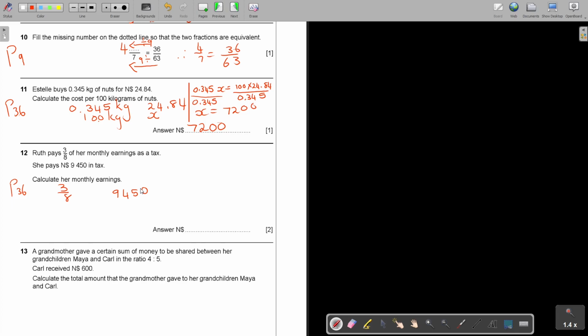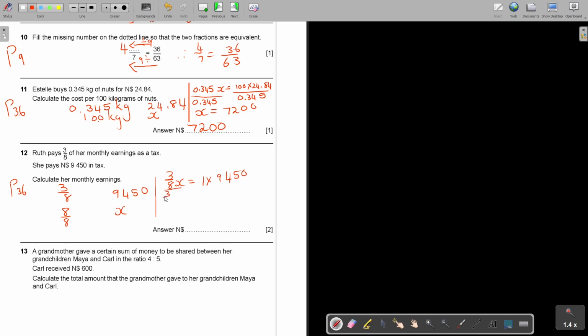Her full pay is represented by 1, but in terms of a fraction over 8, the denominator, it will be 8/8. Say it was 3/7, it will be 7/7. And I want to know that. So again, I can cross multiply. So I can say 3/8 x is equal to 1, or actually just 9,450.